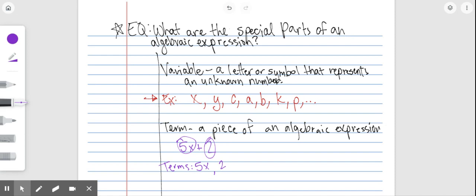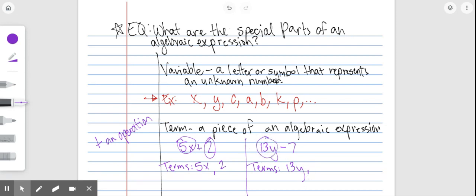It's an operation. Okay, this is an operation. Okay, so we don't include that in the terms. Here's another example of an algebraic expression. Okay, 13y minus 7. The terms on this one, 13y is a term.